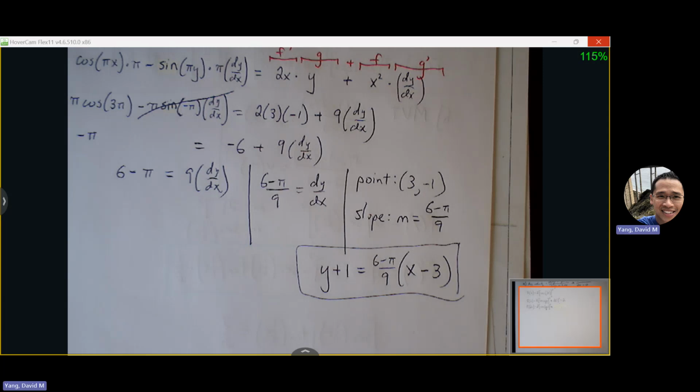Why does this cancel out? Yeah. So negative pi, if you don't recognize negative pi, is the same thing as adding 2 pi to this. So that becomes negative pi plus 2 pi is pi, right? And so sine of pi is just going to be 0. So 0 times pi times dy dx is going to be 0.